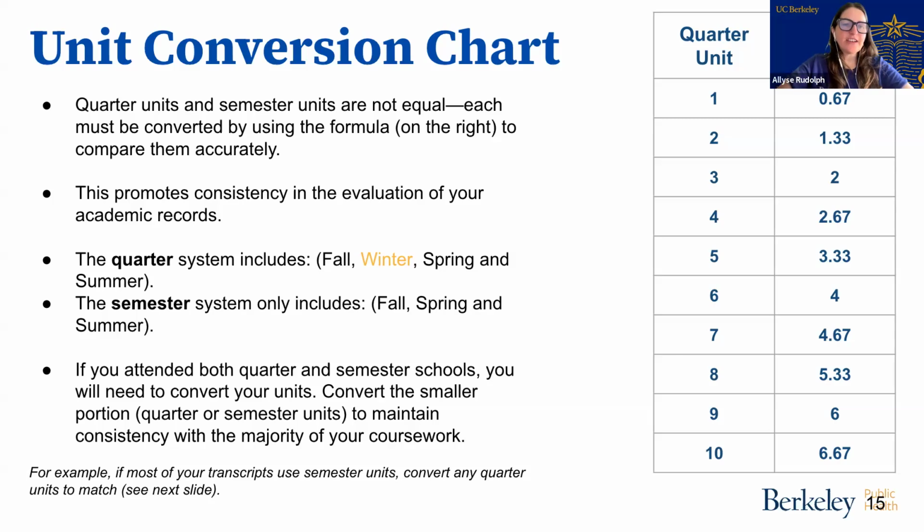As Stephanie mentioned, you can tell if you were in a quarter unit system because you would have fall, winter, and spring terms, and then sometimes summer as well. But that winter term is really going to be the tell. And then a semester system school would just primarily have fall and spring, and then if you took summer classes.